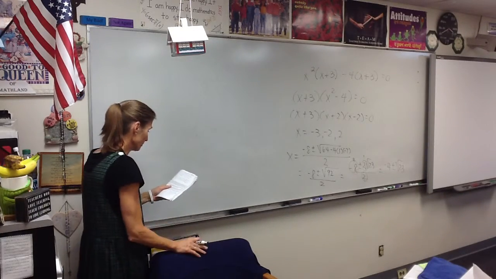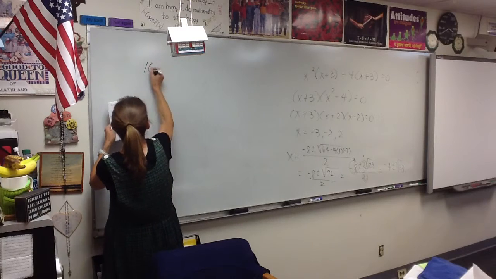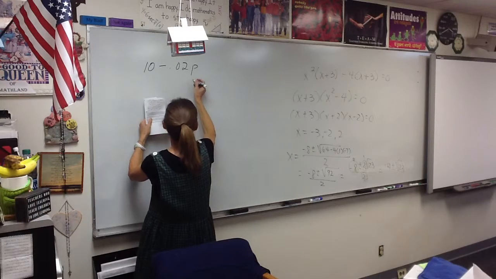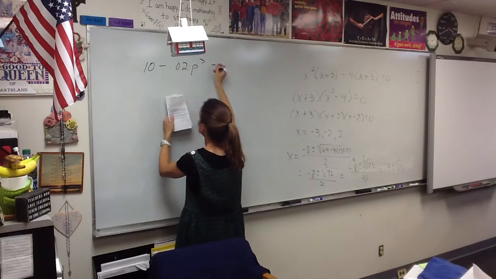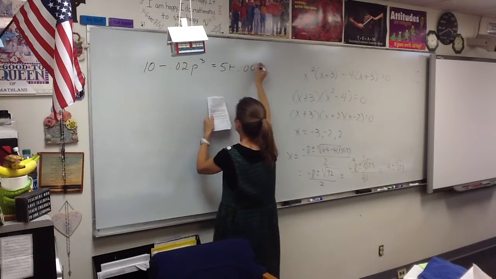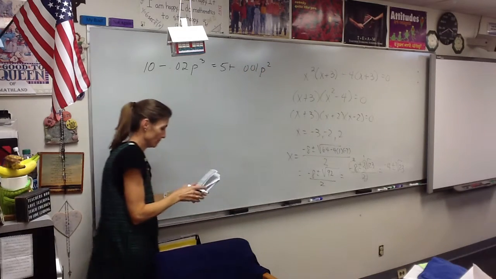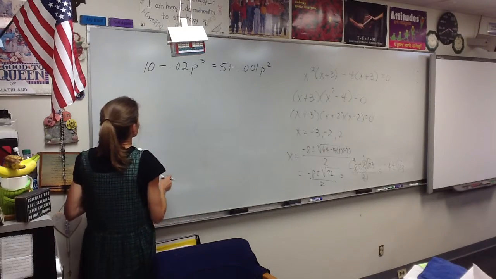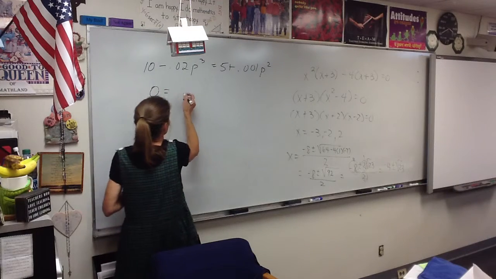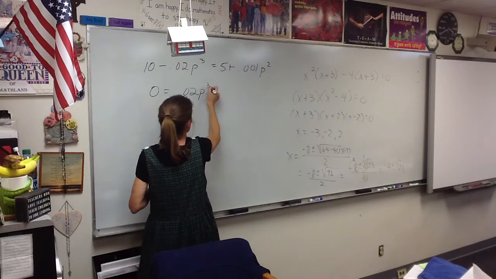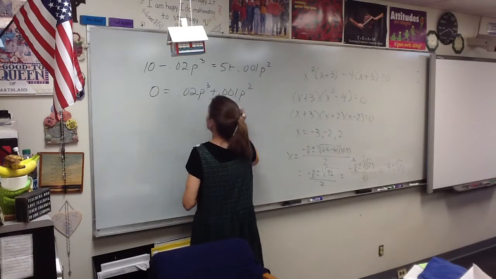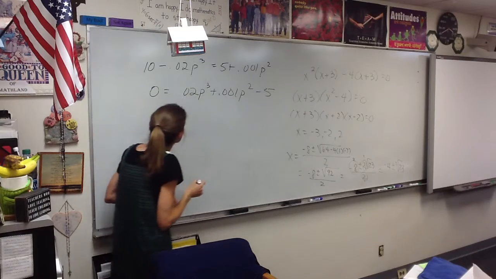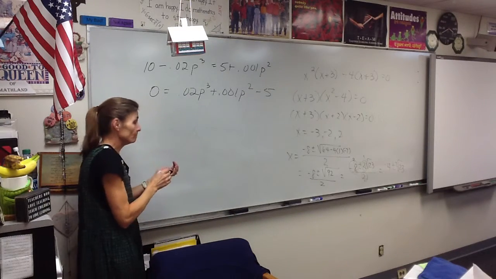I set the 2 equations. All right, and that makes perfectly good sense because the problem says supply will equal demand. So we'll set them equal to each other. Okay, then what did you do? So I got everything over on one side. Okay, so we've got 0.02 p cubed plus 0.001 p squared minus 5. Okay, then what?